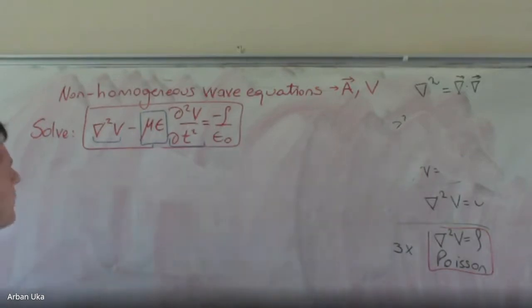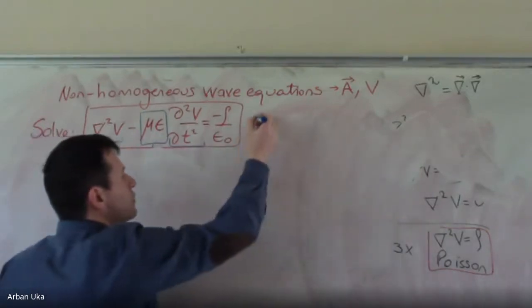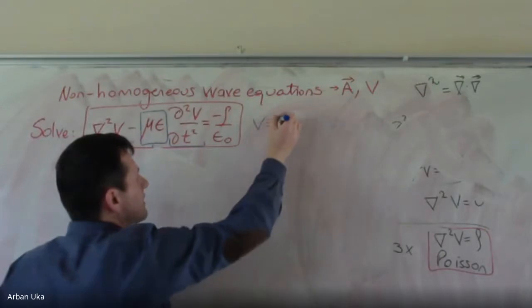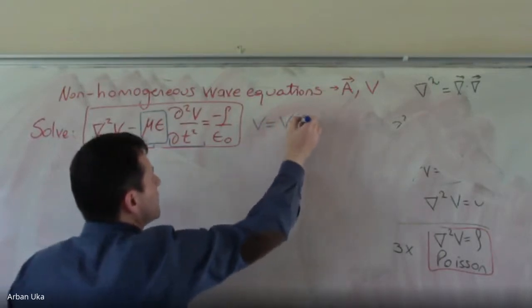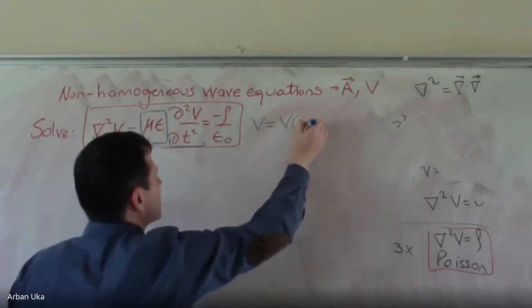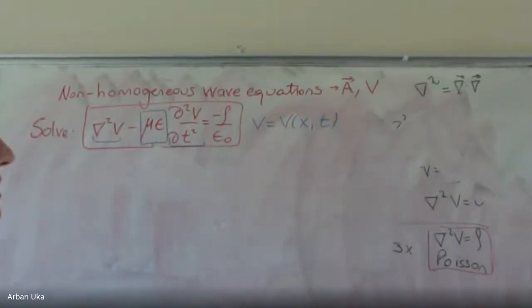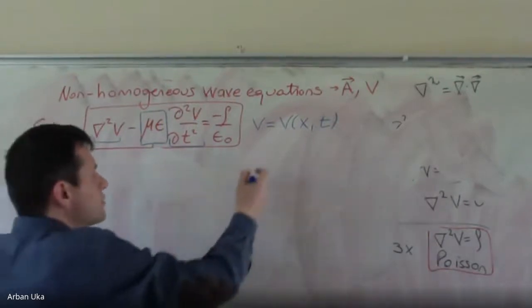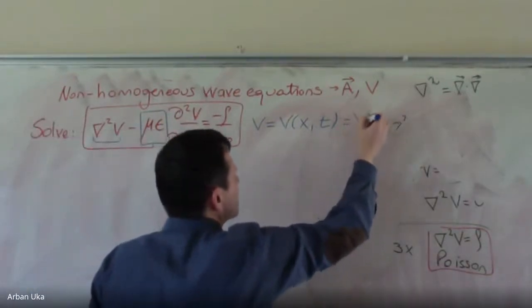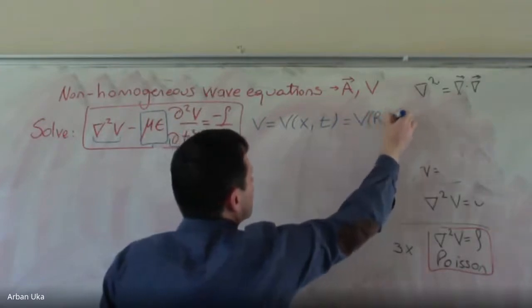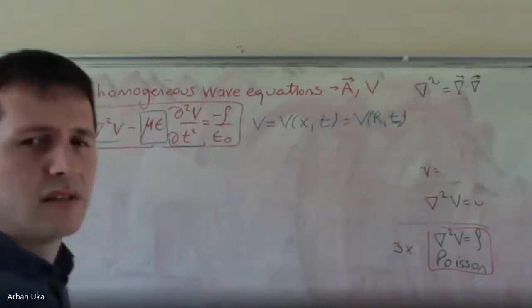And since this is the wave equation that we need to solve, the solution should be something like this. The potential is a function of x and time, okay? We need to find the potential as a function of x and time, and at the same time, this can also be written as an expression of r and time, where r is the distance.